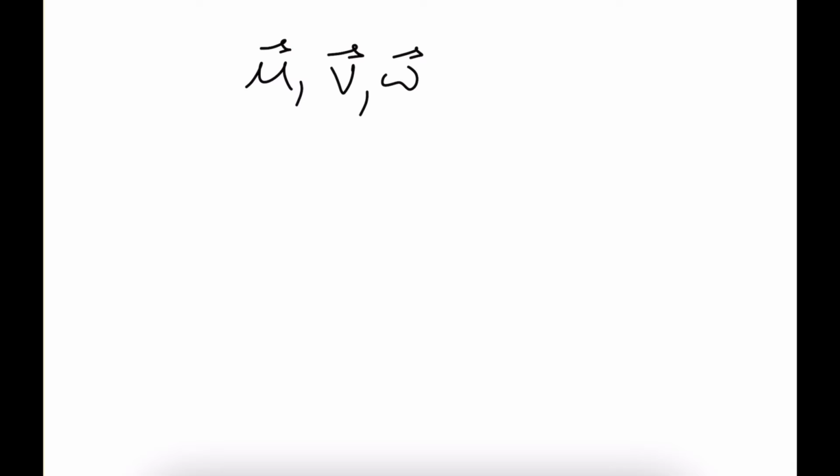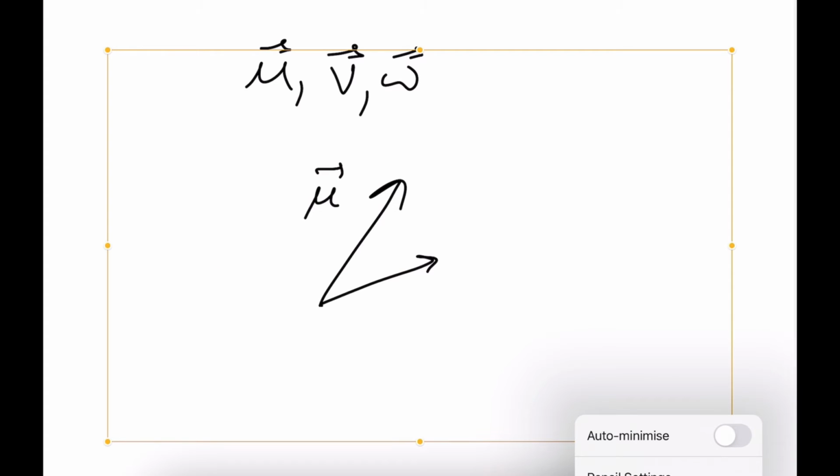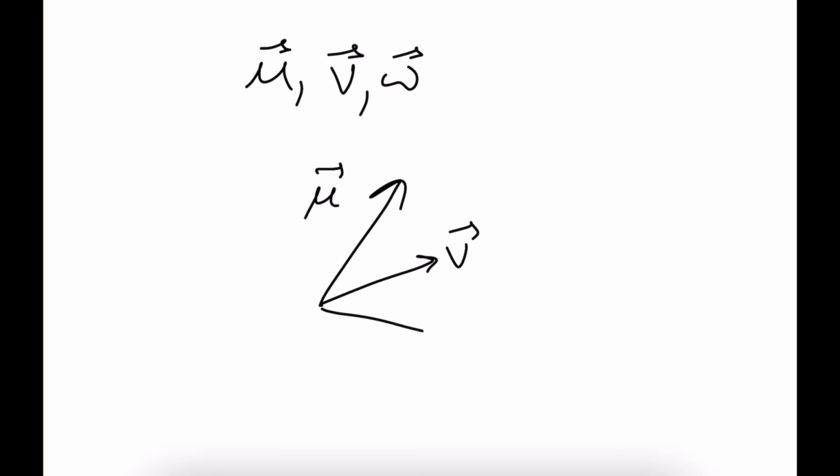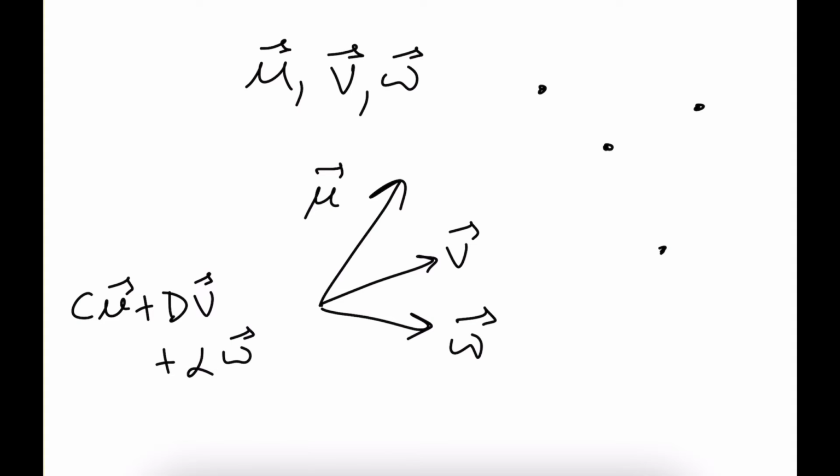Now, similarly in 3D, let's say I gave you U, V, and W, three vectors like this. This is U, this is V, and this is W. If they look like this, again, you can take my word or play around, but you'll figure out that if I give you any point in 3D, you'll be able to reach it using three constants, that is cu plus dv plus some, let's say, alpha w.